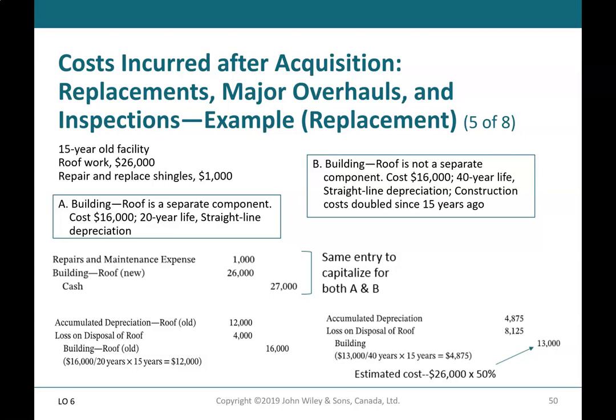Under B, you would debit accumulated depreciation for $4,875, debit loss on disposal of roof for $8,125, credit building for $13,000. The estimated cost is $26,000 times 50%.